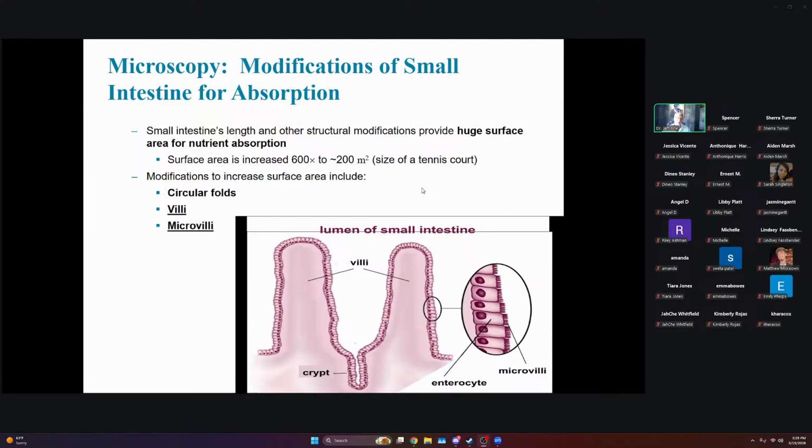So if you think about it, it's pretty amazing that within our lungs, within our thoracic cavity, we have essentially a tennis court rolled up in there that tightly. And then within our abdominal cavity, not even including the stomach or the large intestine, we have another tennis court rolled up in there. And it's pretty astounding if you think about it.